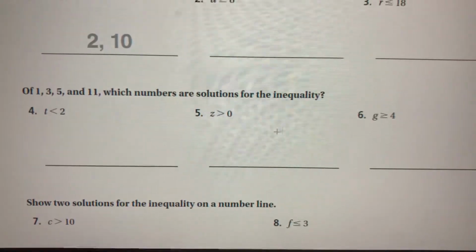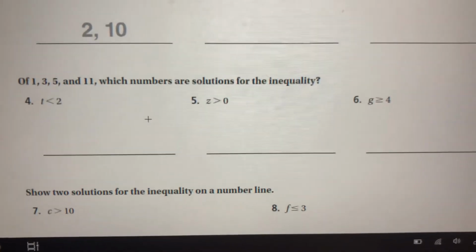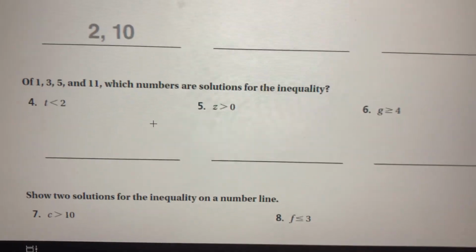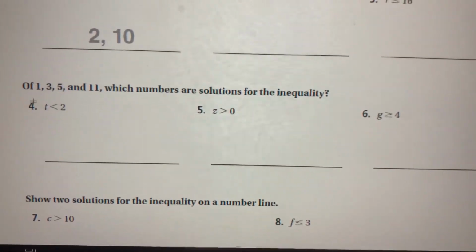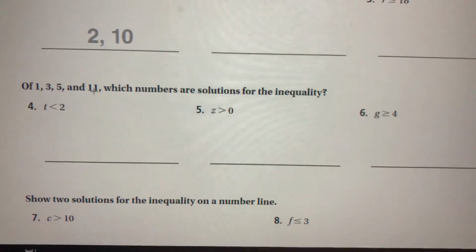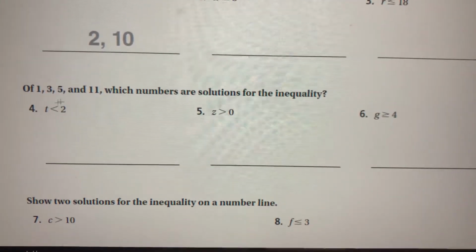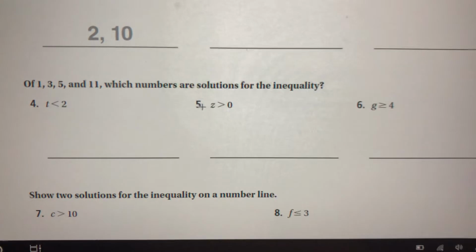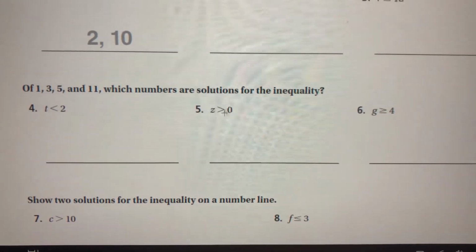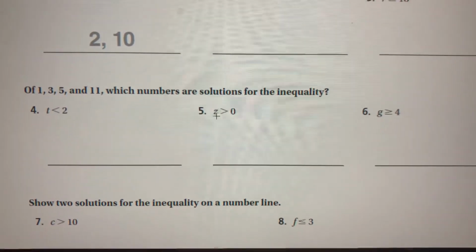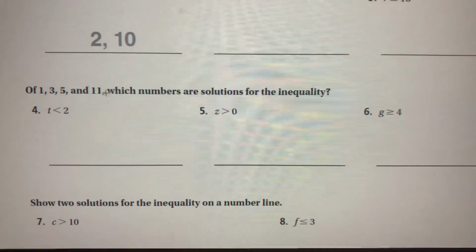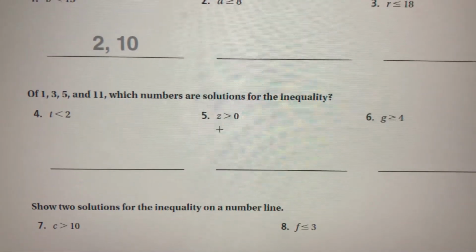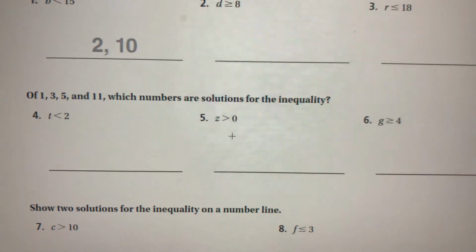Okay, let's practice a little bit more. For number 4, T is less than 2. Okay, the only one that you can pick out of these 4, now they're giving us 4 options, is 1. 1 is the only one less than 2. For number 5, Z is greater than 0. In this case, all of them would be a solution because they're all greater than 0.